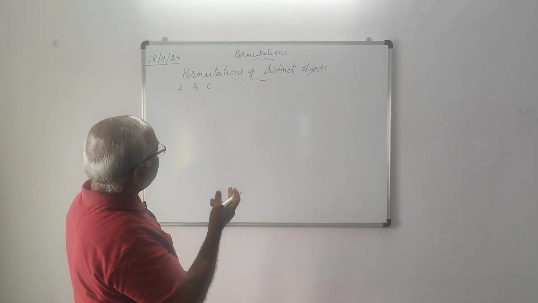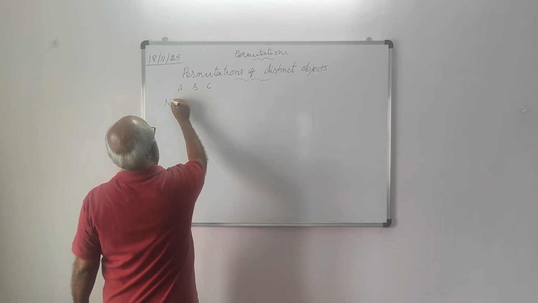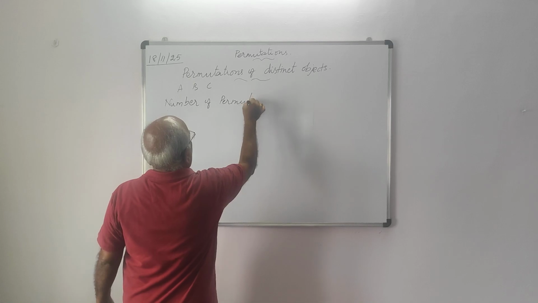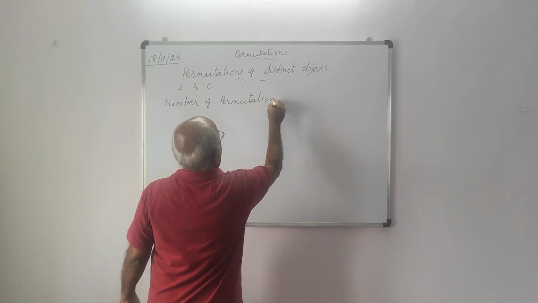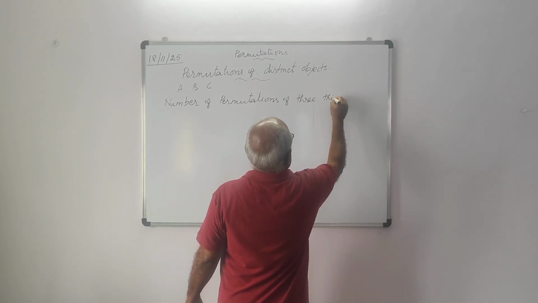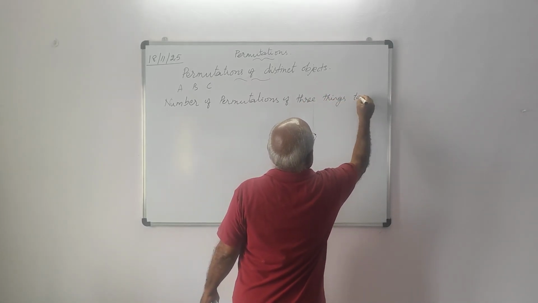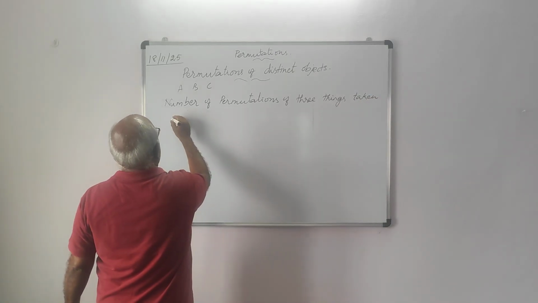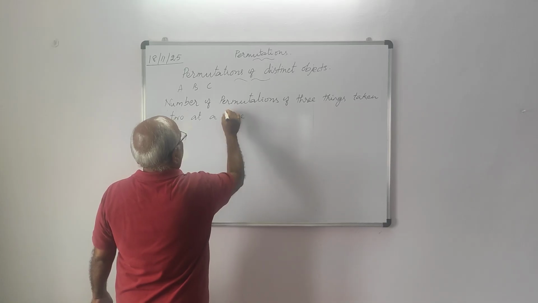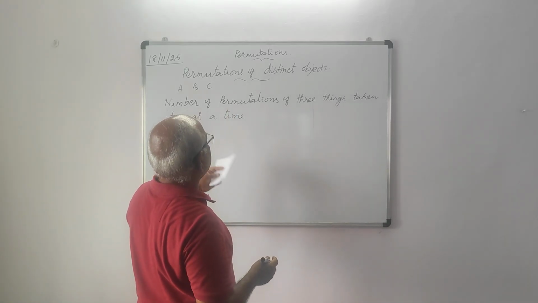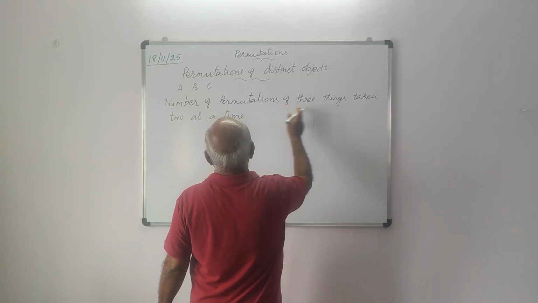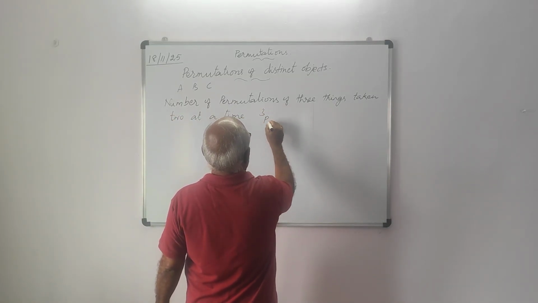3 things taken 2 at a time. The number of permutations of 3 things taken 2 at a time, that is 3P2, we have to find.